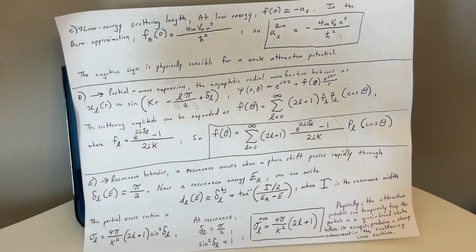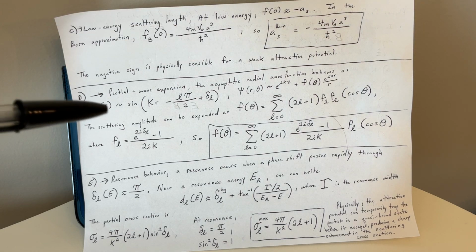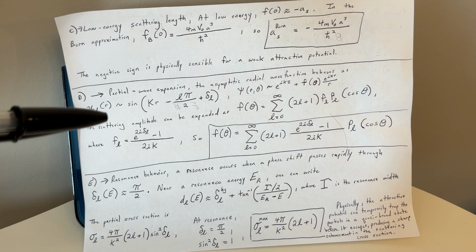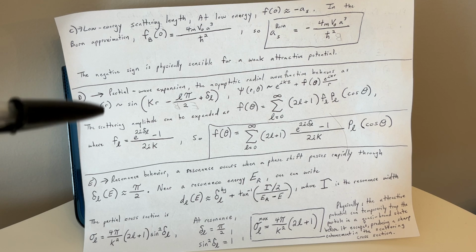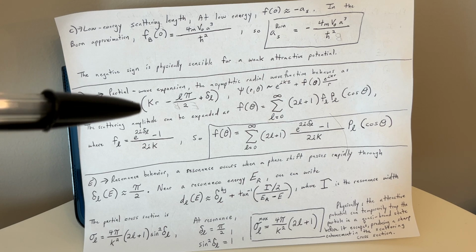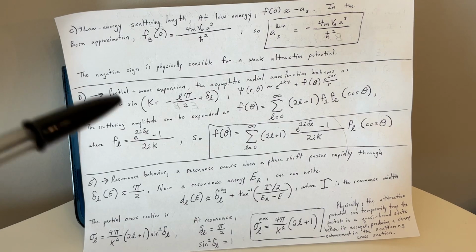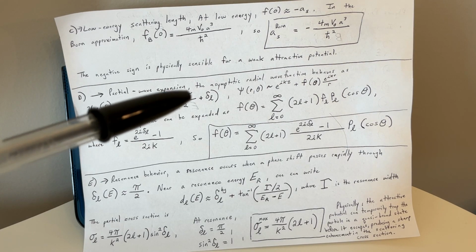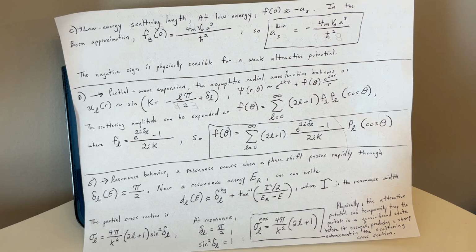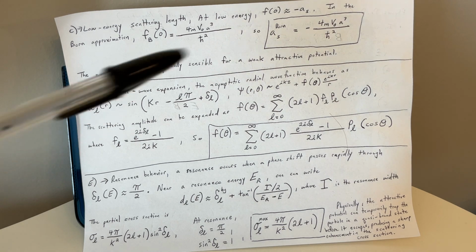Going back to letter D, partial wave expansion: the asymptotic radial wave function behaves as u sub L of r proportional to sine of kr minus L pi over 2 plus delta sub L.